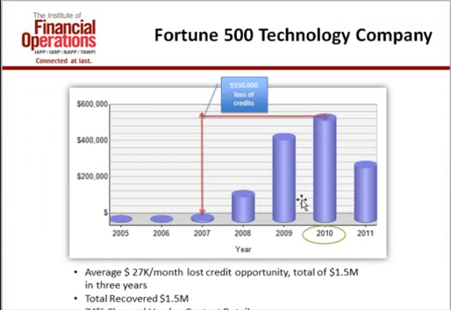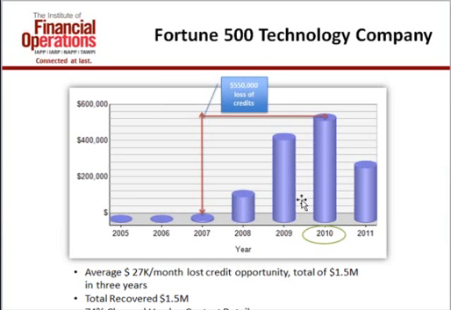So let's look at this technology company. Again, the audit began towards the end of 2009, but interestingly, this graph shows that in 2010 there were more recoveries. So you're like, what's going on? Well, it turned out when you dug a little deeper that there was an acquisition in the midst of this, and the organization wanted that group to be audited as well.